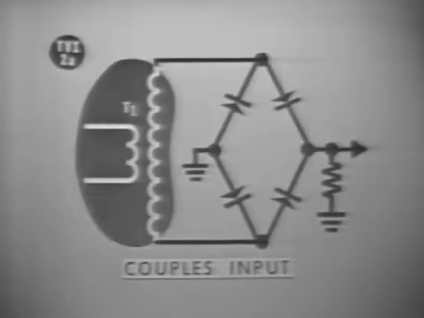Okay, that's how it works. The diodes electronically switch the ground and the load connections to the secondary. Now we can complete item 2 in the TVI guide. The transformer, T1, couples the input to the bridge rectifier.